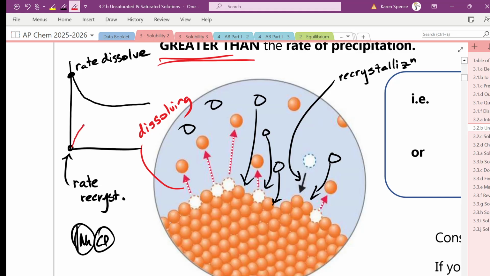It's going to go up. And eventually, what's going to happen? The two are going to be equal. Now, why does the rate of recrystallization start going up? Because you actually have some ions that could recrystallize. At the very beginning, there are no ions to recrystallize, but as soon as you get some dissolved ions, they can recrystallize because it is a reversible reaction.